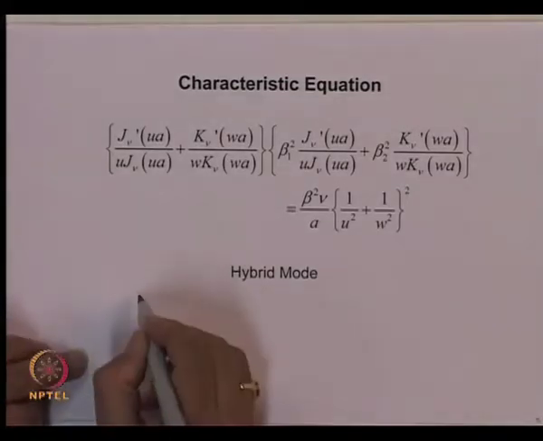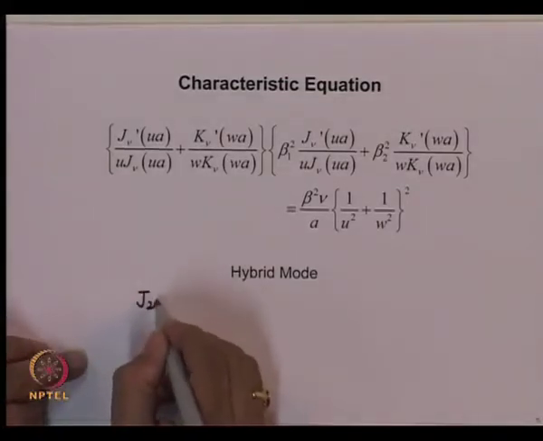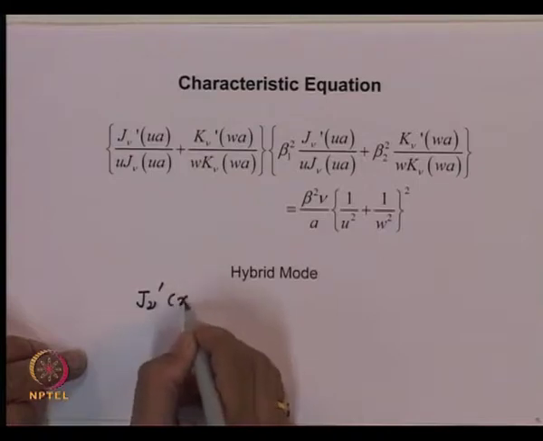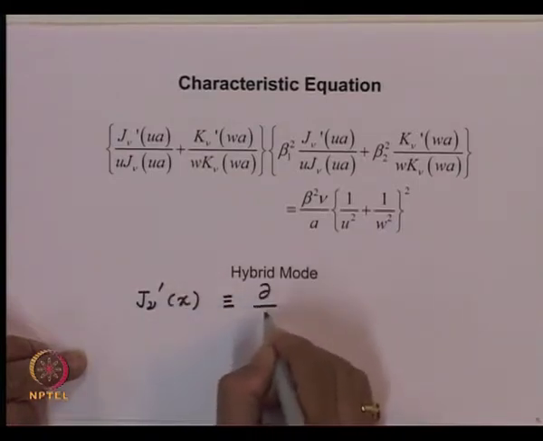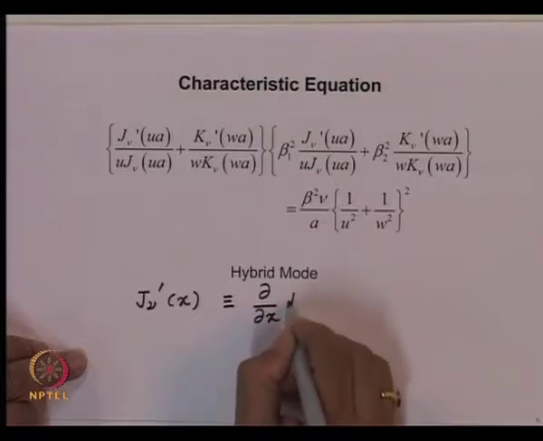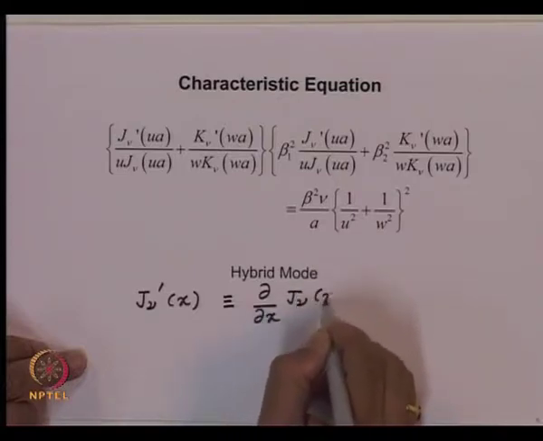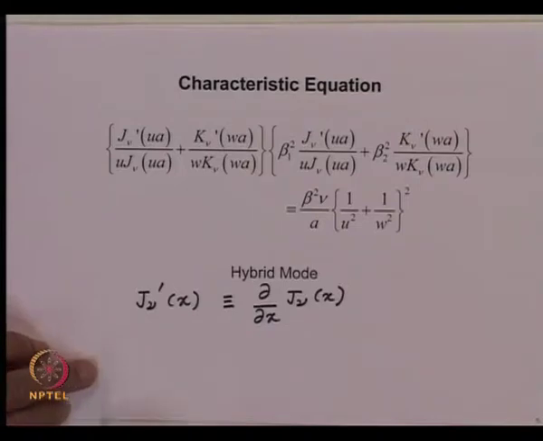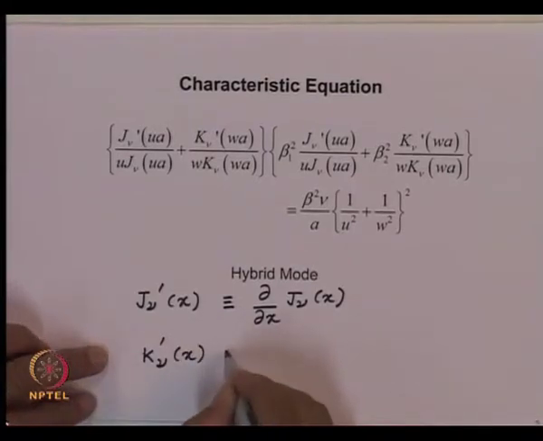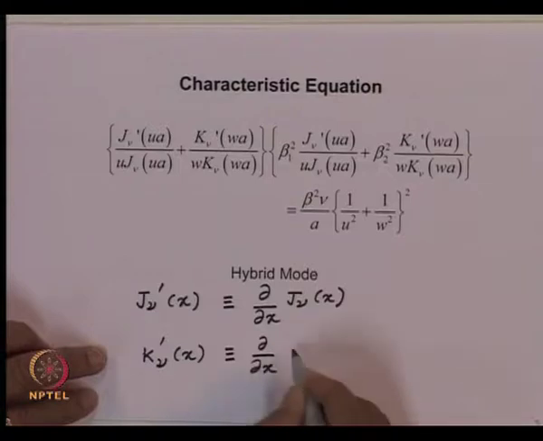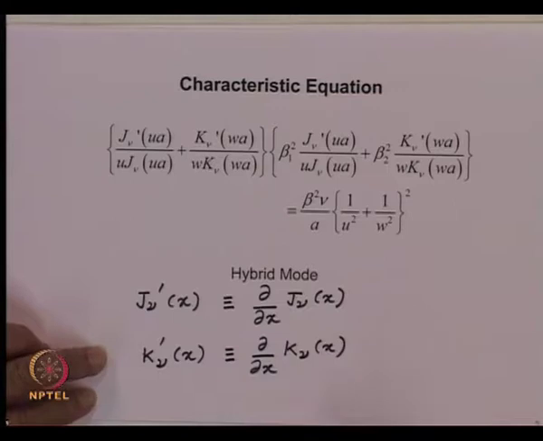So essentially J nu prime x is d by dx of J nu x, and similarly K nu prime x is d by dx of K nu x.